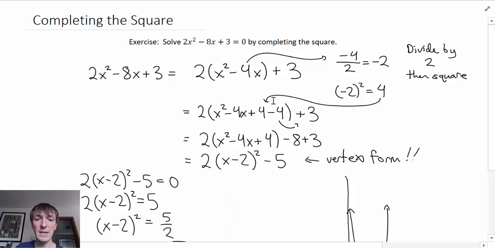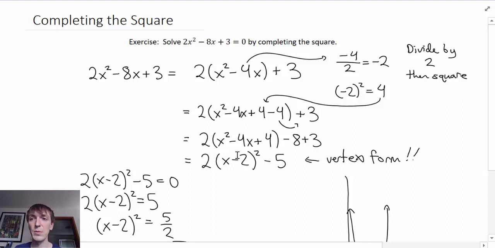All right, next I need to get this minus 4 out of the parentheses, and I can't just move it out because I've got this 2 out front. So to move it out, I need to multiply it by 2, and that's how I end up with minus 8 plus 3. Okay, now the important thing is what's inside the parentheses is a square.